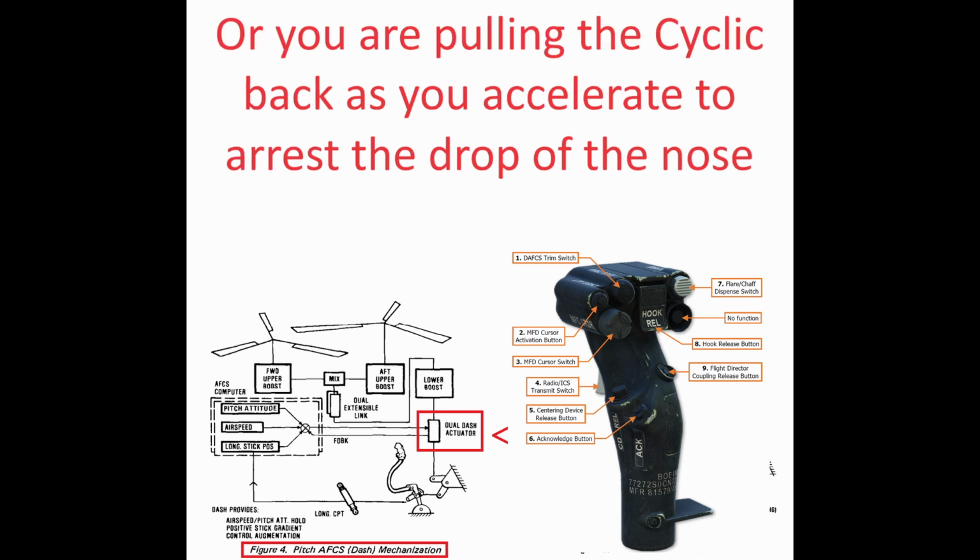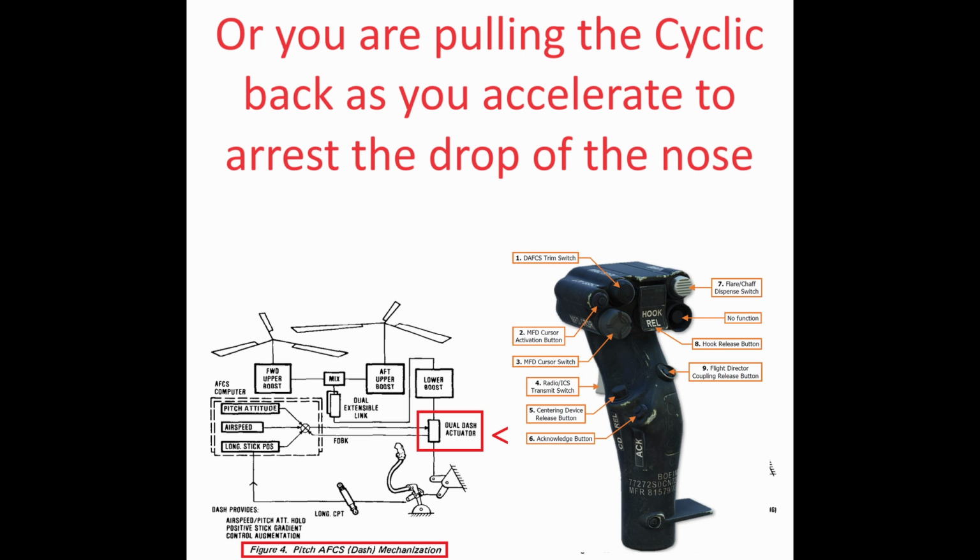Worst case scenario, if you're not trimming, you might be a bit excessive, pushing almost as if you're pushing the stick into the instrument panel. But I imagine, especially with HOTAS and things like that, you're not going to be there.